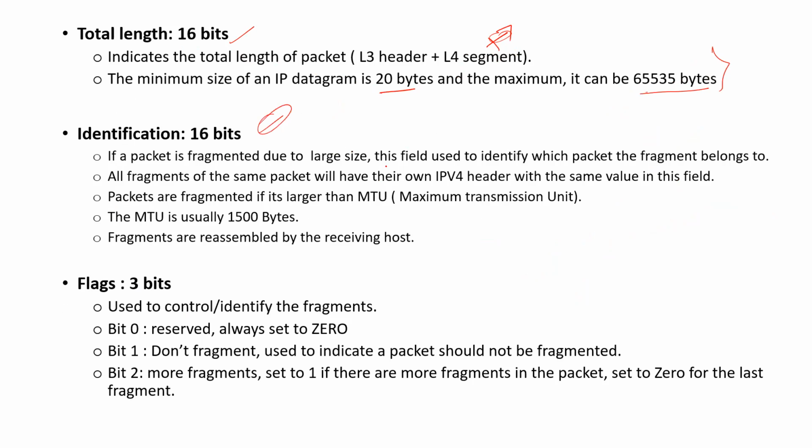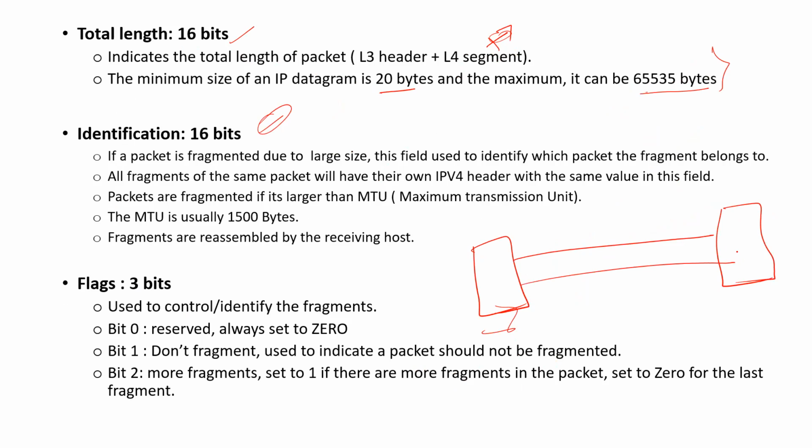And the next one is identification. Why does identification come into the picture? Suppose you are transmitting data between source and destination. The amount of data that can be transferred at one point of time is called the window, which we discussed in the transport layer.